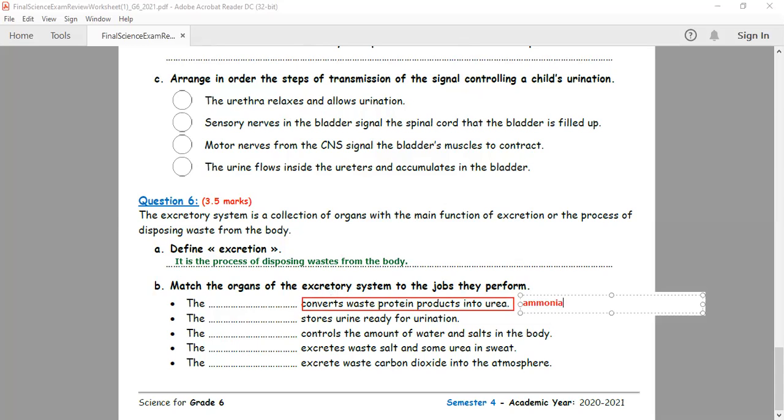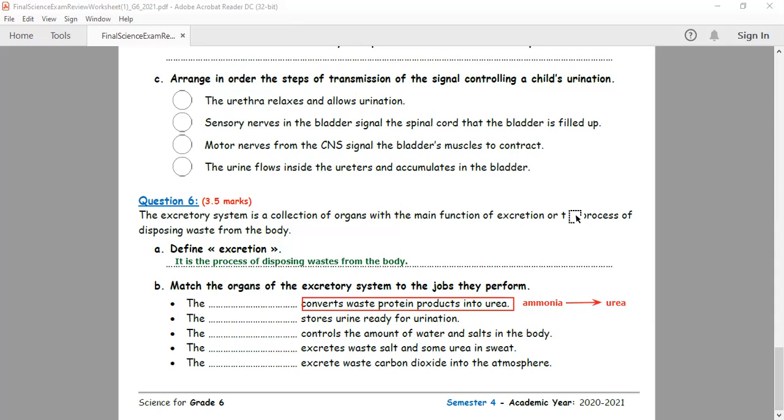When you eat food rich in protein, after digestion, ammonia is formed. And ammonia is a toxic substance that the body needs to get rid of.